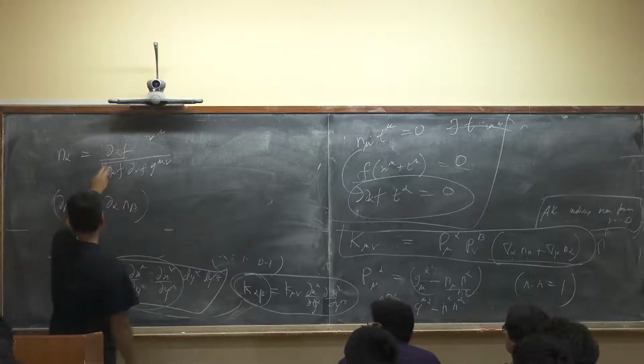When the derivative acts on the normalization, you get 0. When it acts here, let's see what we get.